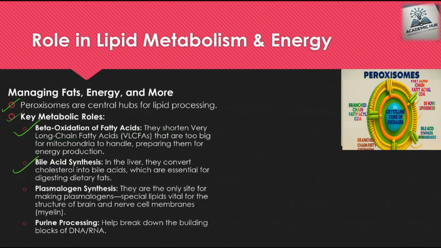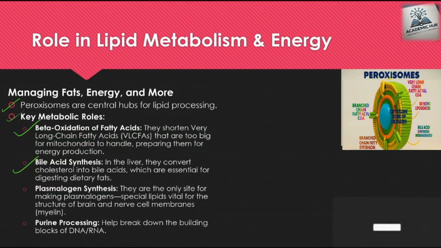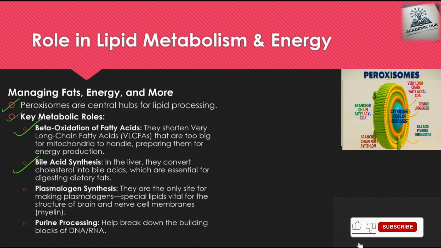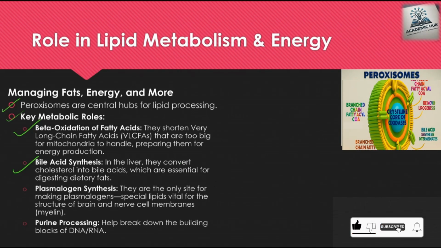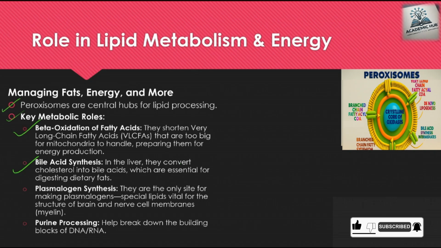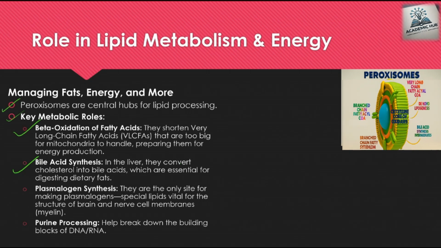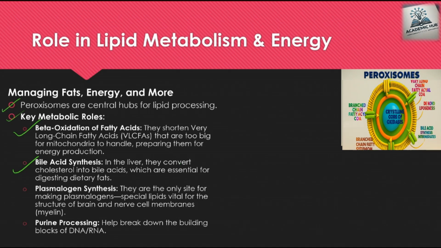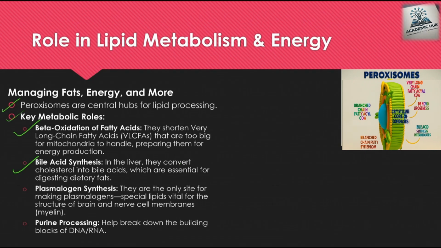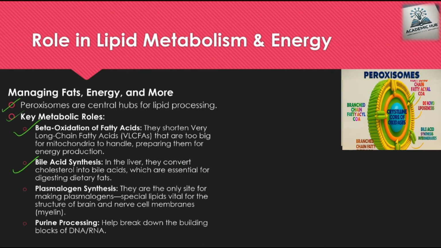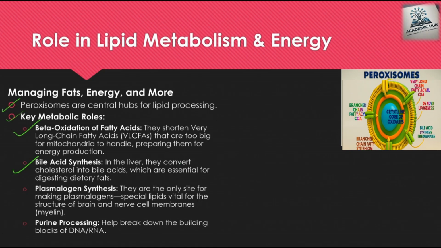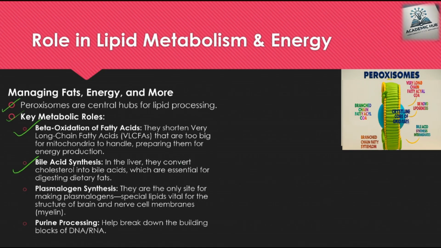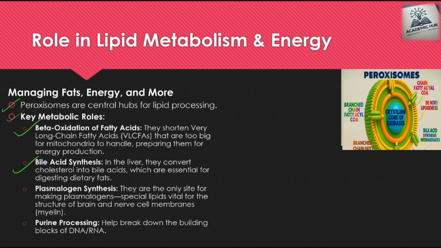The creation of bile acids, which are necessary for digesting fats in the intestine, is heavily dependent on peroxisomal enzymes. In liver cells, peroxisomes modify cholesterol to produce these essential acids, such as cholic acid and chenodeoxycholic acid, thereby facilitating the digestion and absorption of dietary fats and fat-soluble vitamins.